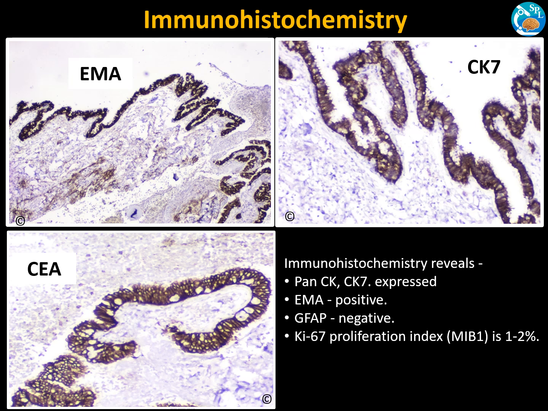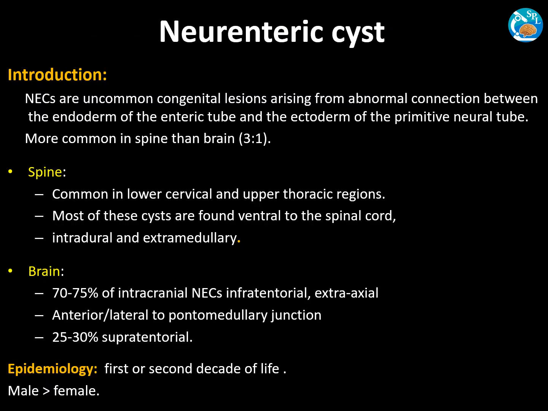The neurenteric cysts are EMA positive, pan-CK positive. CK7 is expressed in the lining of the foregut. So CK7 is positive in the cases, and CEA, that is carcinoembryonic antigen, is most supportive to the diagnosis, and the Ki67 proliferation index is very low.